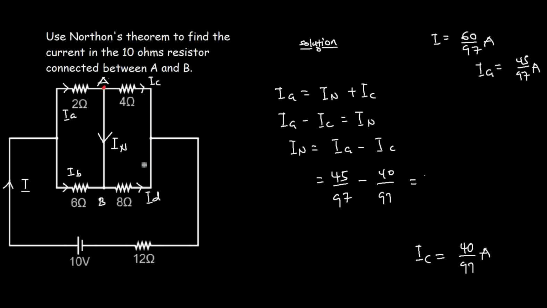So this will give us 45 on 97 minus 40 on 97, which is 5 on 97 amperes. So that's the value of IN.